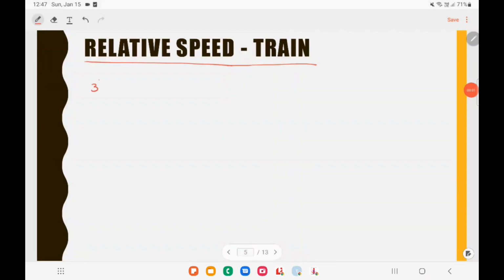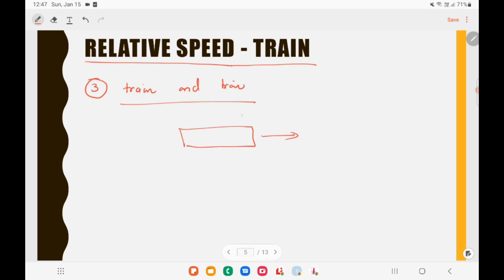Now let's take case 3, train and train, or two trains. I already told you that if a train is moving like this with velocity V1 and length L1, and another train is moving like this with velocity V2 and length L2, then we know that the relative speed will be V1 plus V2, and the total distance covered by these two trains to cross each other will be L1 plus L2.